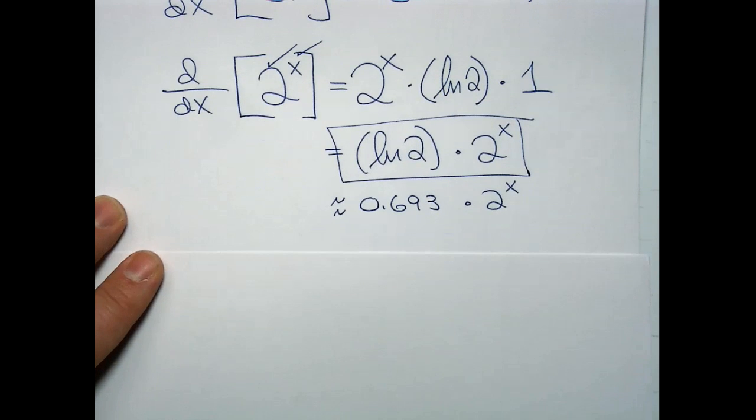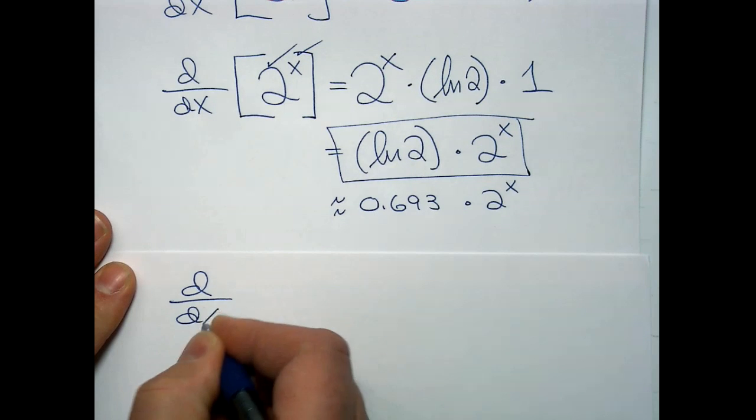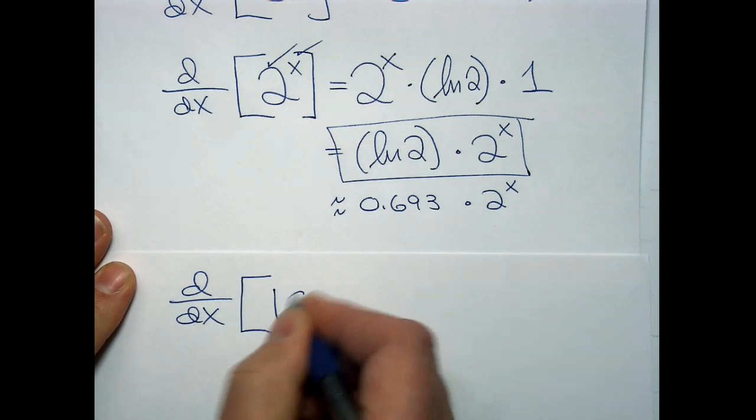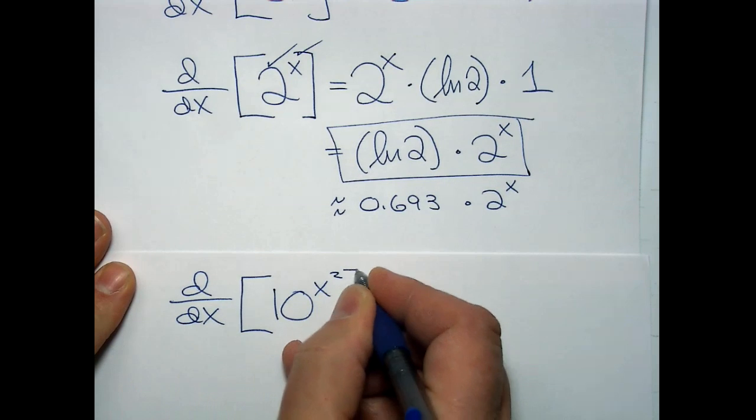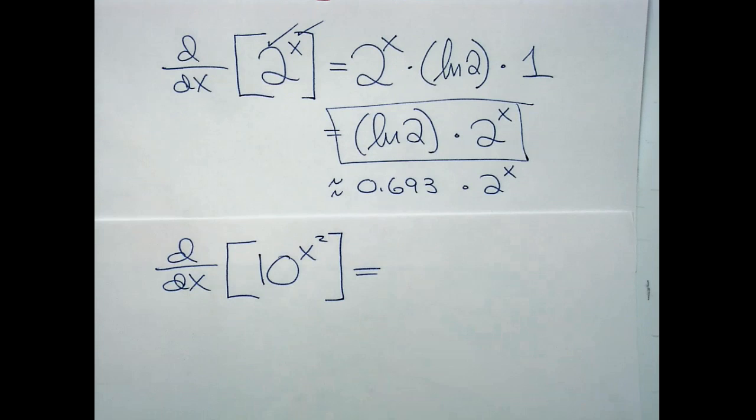Let's try another one. Let's do the derivative of 10 raised to the x squared power. Now, be certain that you have an exponential before you take advantage of this wonderfully easy derivative.